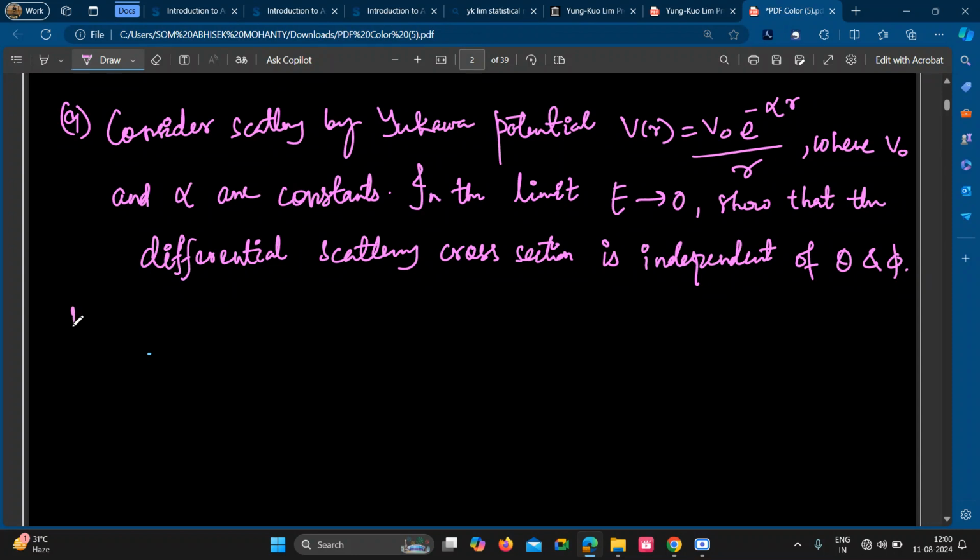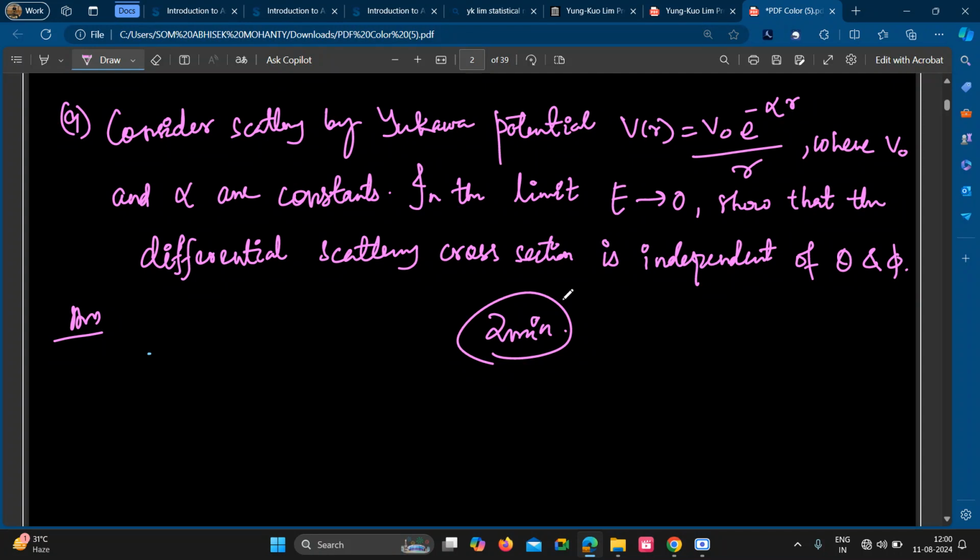Okay, so try this question. I'm giving you 2 minutes. We have done enough questions so that you'll be able to solve this kind of questions on your own now. Please try. You have to find differential cross section. So remember what is the process.